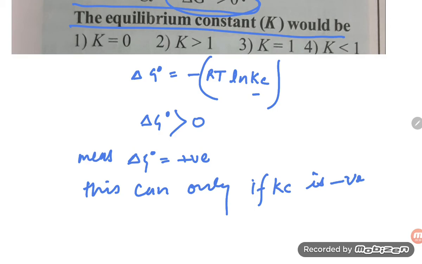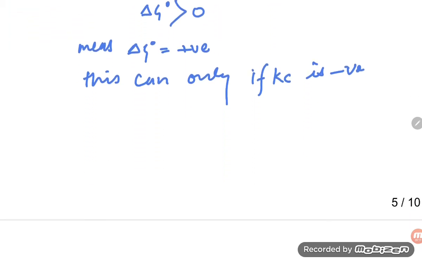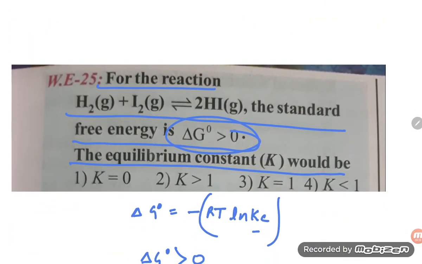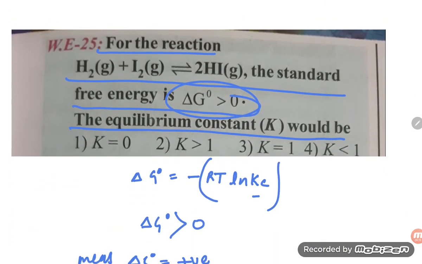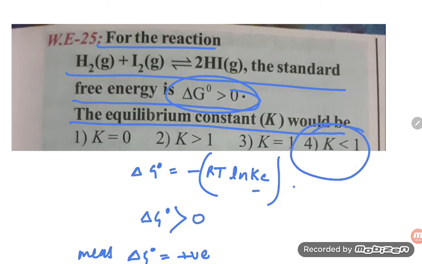So Kc is negative and delta G is positive. So that is Kc is less than 1. So what they are asking, the equilibrium constant Kc is less than 1. So option number 4 is correct, student. Kc is less than 1.